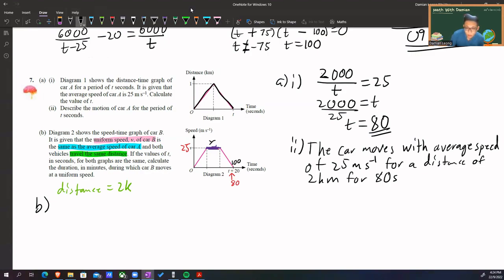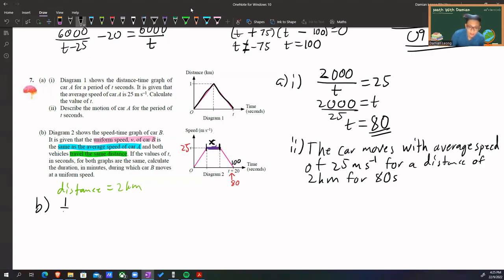I don't know how long is the time from here to here. Let's just call it X. But they say distance is the same, is also 2 km. So using the distance, how we find distance from speed against time graph, we can find the value of x here.